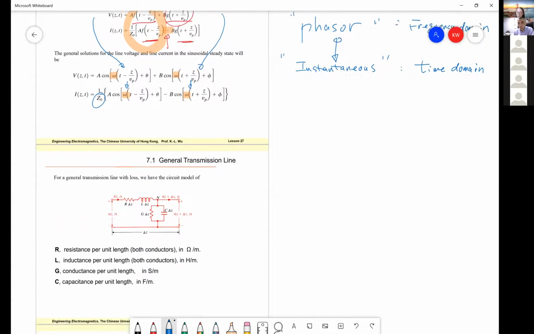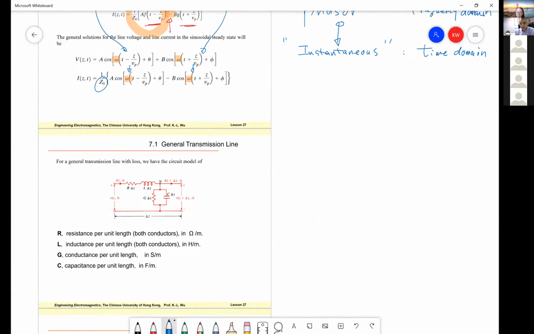Now let's extend the circuit model further, including a loss. Previously, for the lossless case, we have series inductance and shunt capacitance. That's it. Now we say this is not enough for communications because the conductor has a loss, and the substrate.